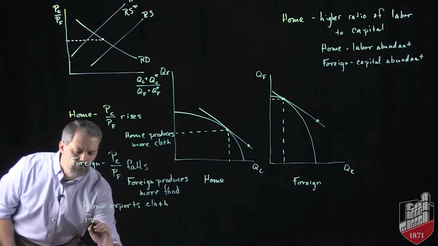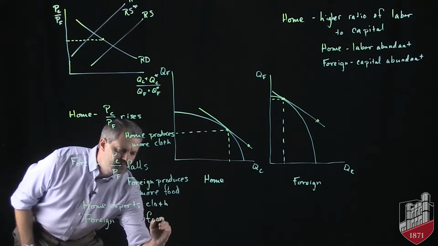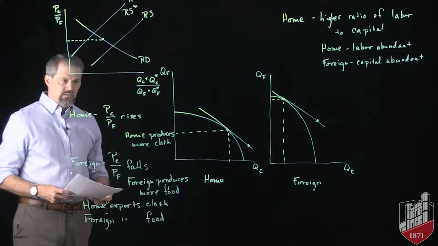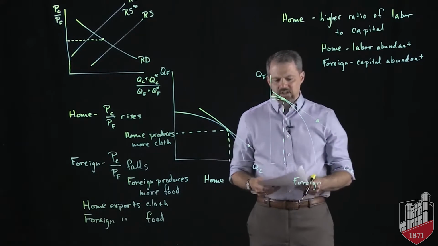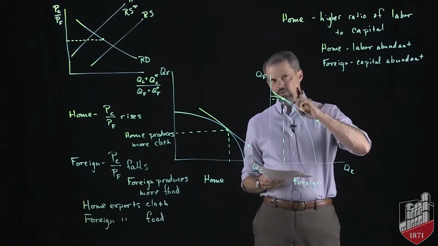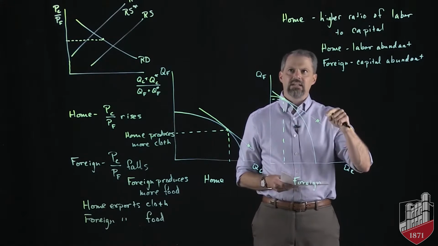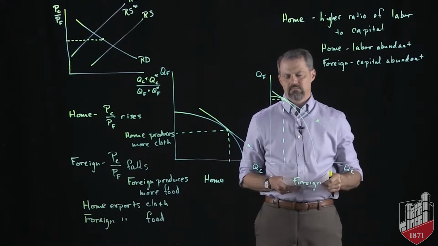Foreign exports food. So the general result that we get is that countries are going to tend to export those goods whose production is intensive in the input for which they are relatively well endowed. Okay?